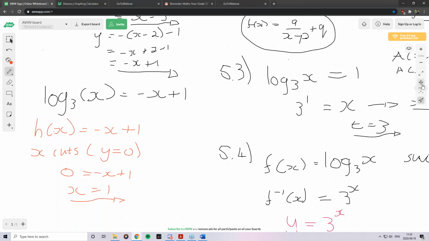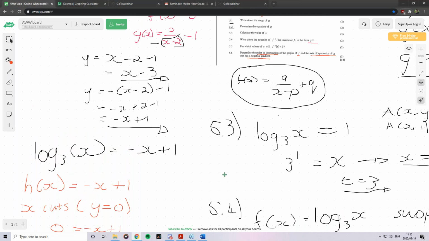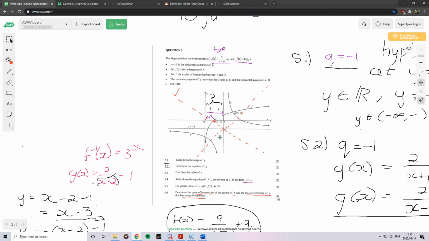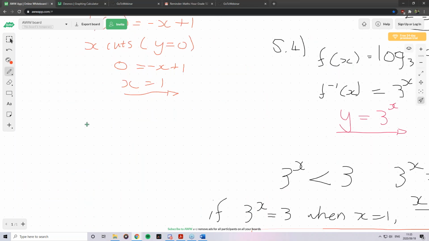This is really interesting because if we look here, the graph of f of x also cuts the point 1, 0. So since f of x passes through 1, 0, and the axis of symmetry has an x-intercept at 1, 0, we can say that the intersection is the point B, 1, 0.